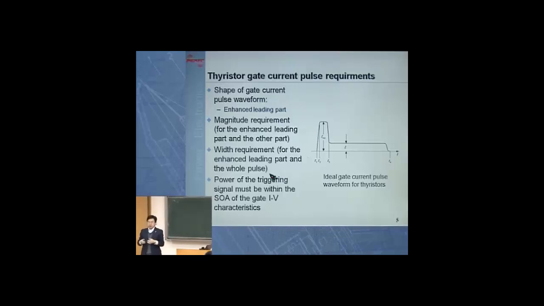You read through the textbook, both the Chinese textbook and the English textbook. There's a good portion of the textbook discussing that. So you always have a requirement. What kind of requirement for the gate current, or what kind of requirement for the gate voltage?